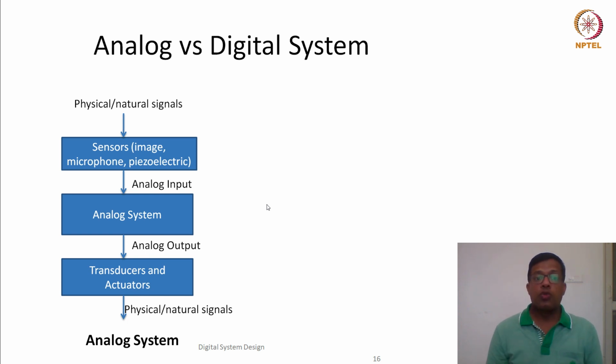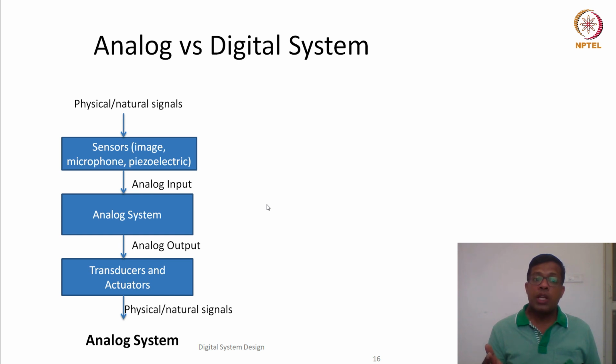Sound waves are also different. Whenever we do any kind of electronic processing, first all of these natural or physical signals are converted into analog signals. There are various kinds of sensors which are present.